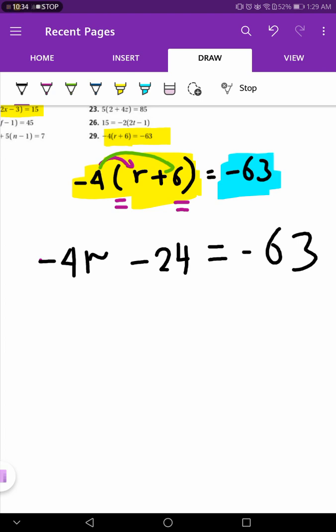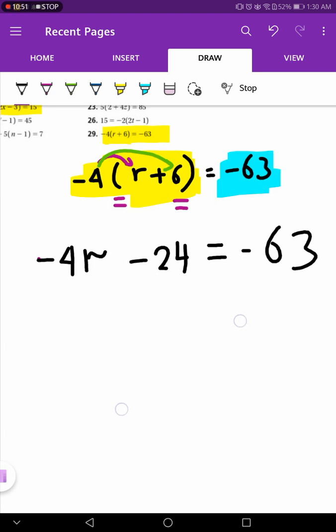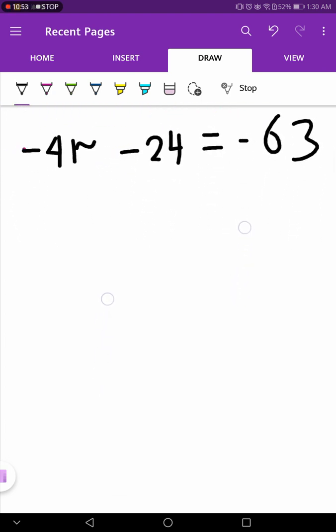So in this situation you have to break the parentheses by using the distributive property. You multiply the negative 4 by the first term, the r, then you multiply the negative 4 by the 6, then you create a new equation here.